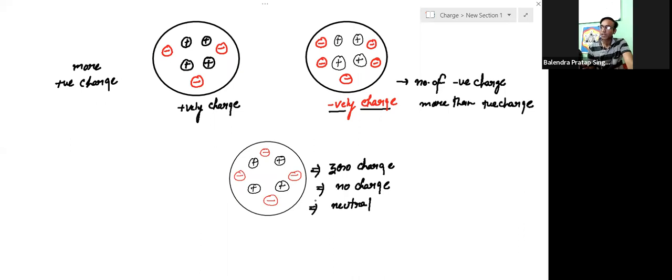Okay, so how can we charge a body? One important thing: positive charge never transfers, only negative charge transfers. Suppose I rub this pen over my head, then maybe there is some transfer of negative charges from one body to another body.